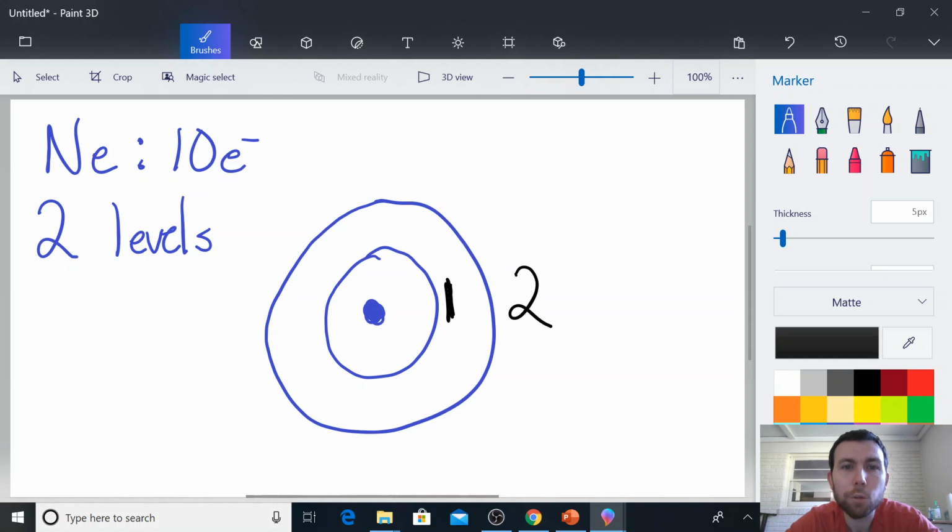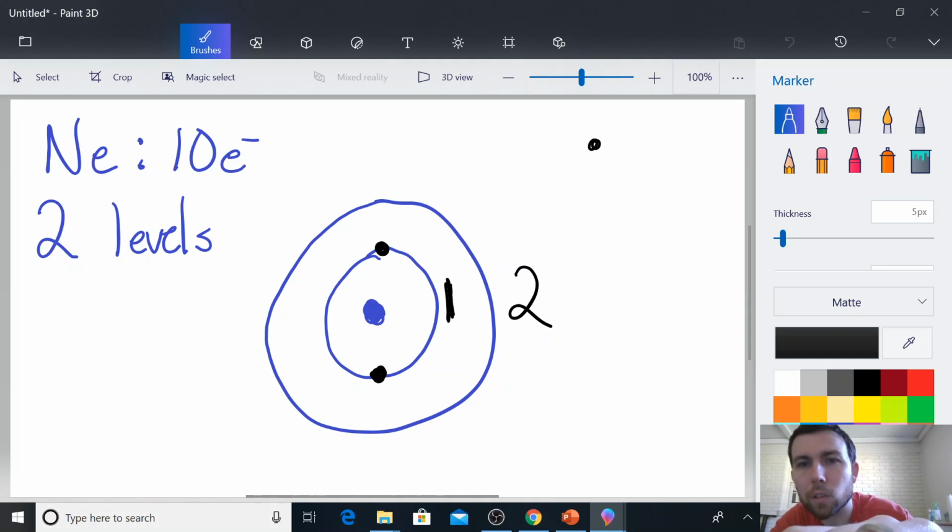Okay, and if you recall, each energy level has a maximum occupancy. The first energy level's maximum occupancy is 2. So of the 10 electrons that neon has, I'm going to draw two electrons on that first energy level. I'm going to represent those with some big dots, right?